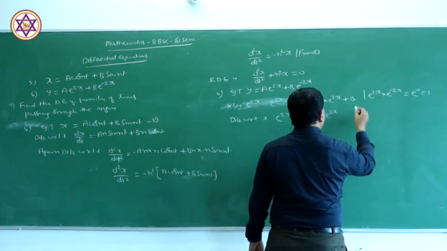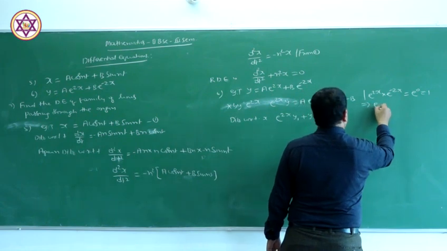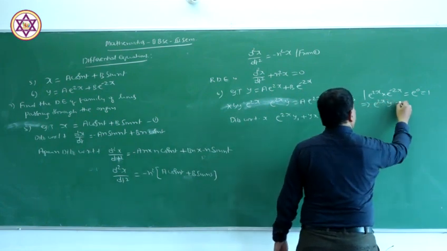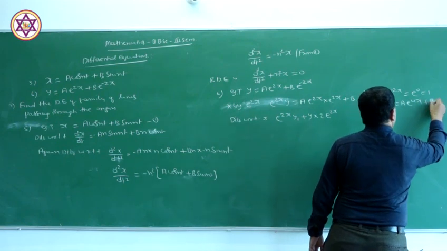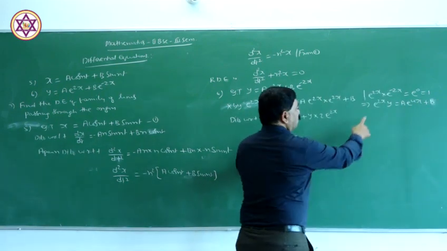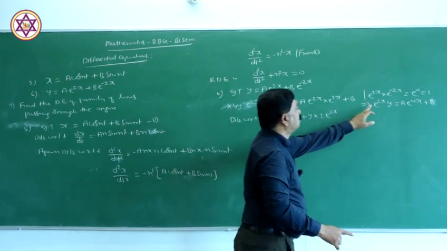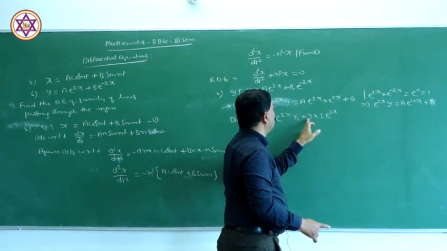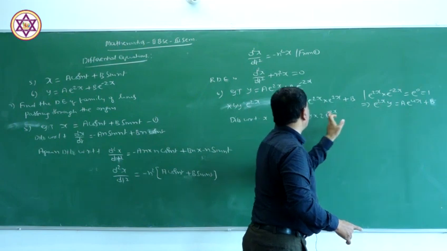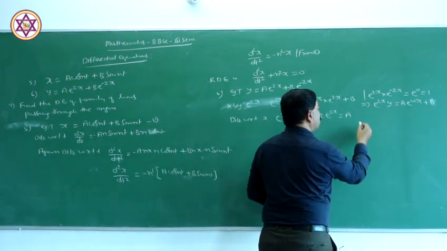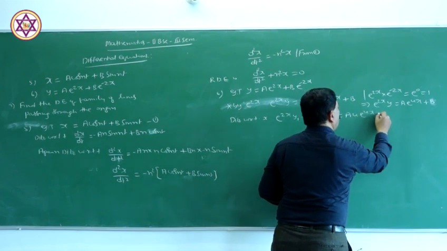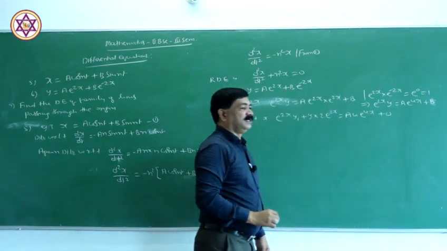Simplify: e power 2x y equals a e power 4x plus b. Using the product rule, e power 2x first into derivative of second, y1, plus second into derivative of first, 2 e power 2x. Next, a e power 4x has derivative 4 e power 4x, and b is constant, so 0.